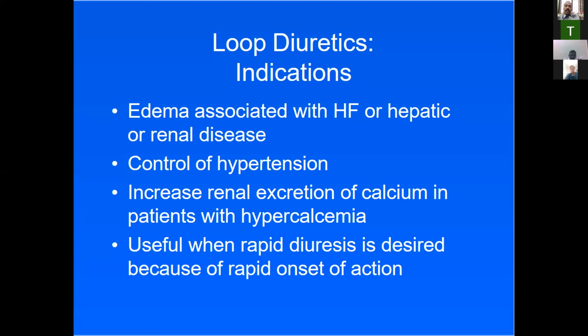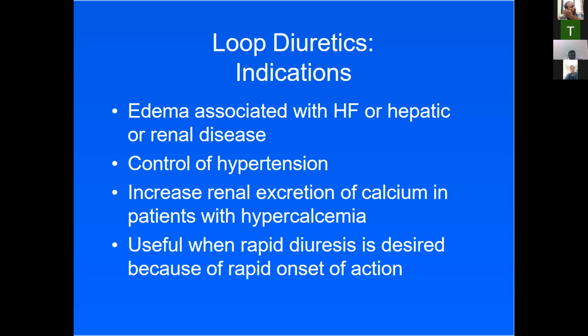So to remove that, these drugs are very useful, and they can also be used along with antihypertensive drugs like propranolol or beta blockers or calcium channel blockers to control hypertension. This alone cannot be used as an antihypertensive drug. It also increases the renal excretion of calcium in patients with hypercalcemia.